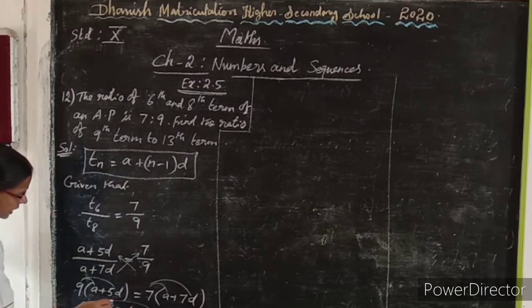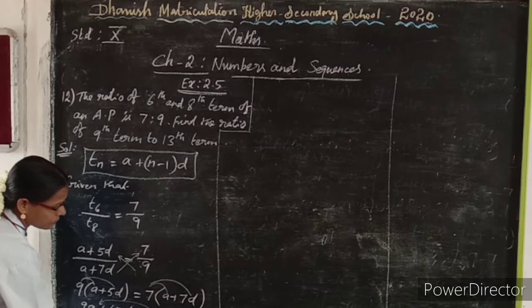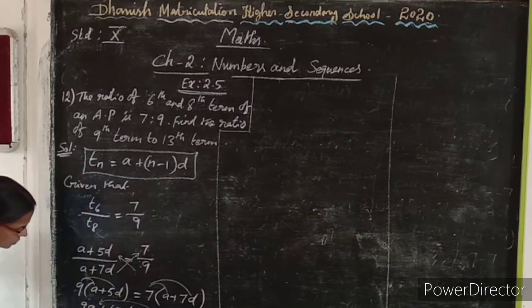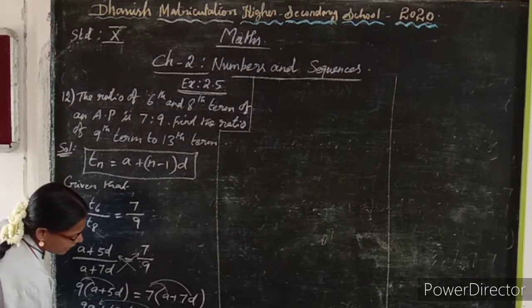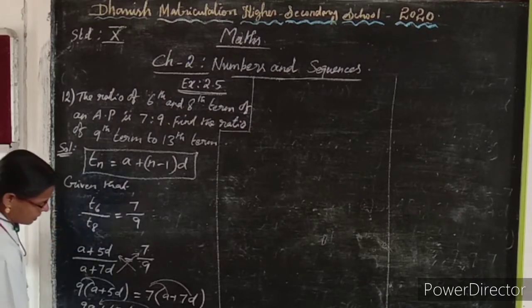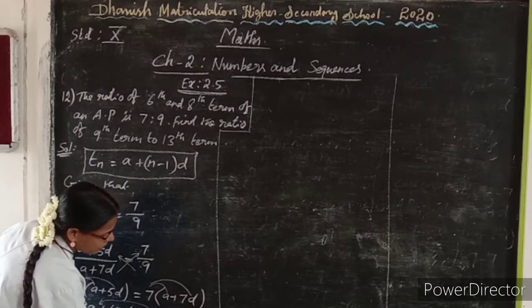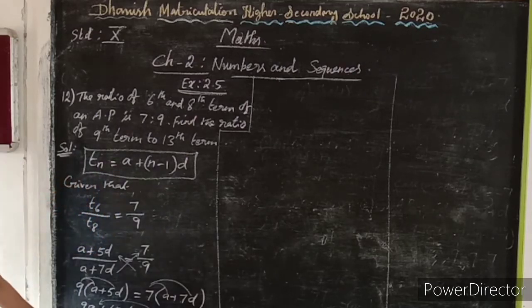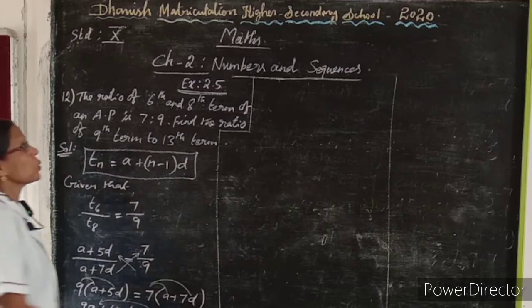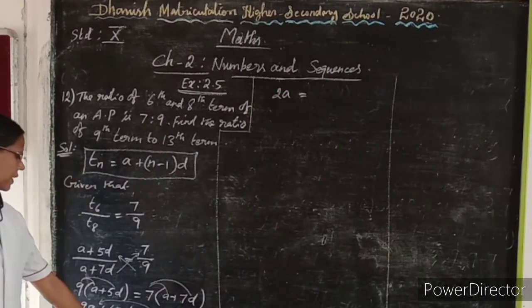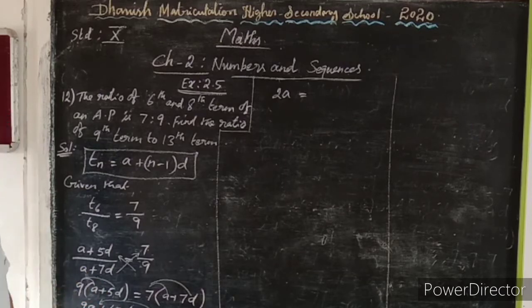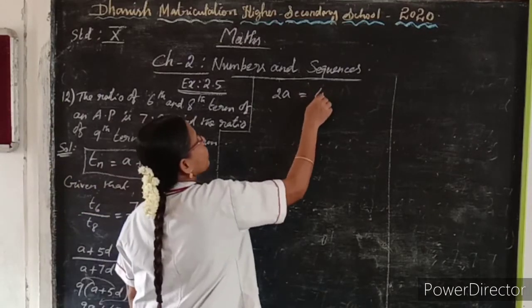Now transfer the A term to this side and the D term to this side. So 9A minus 7A is equal to 49D minus 45D. 9A minus 7A is 2A, is equal to 49D minus 45D, which is 4D.